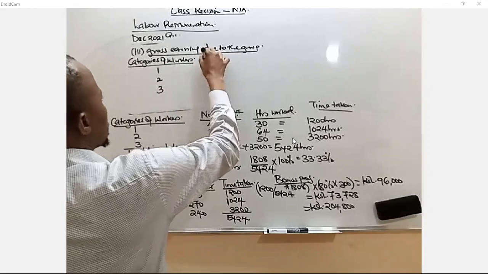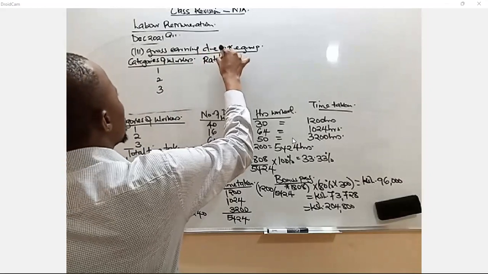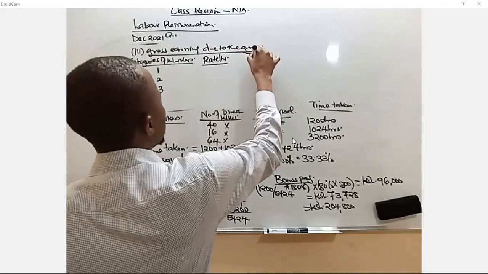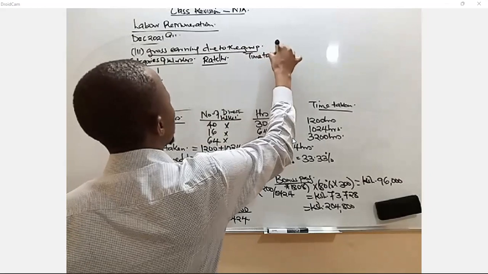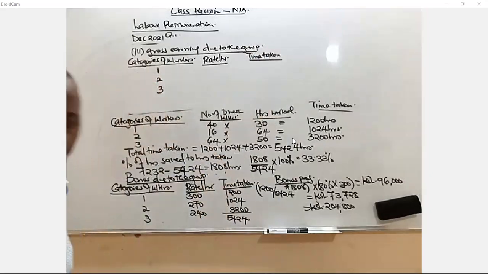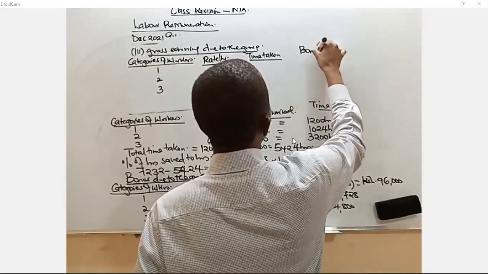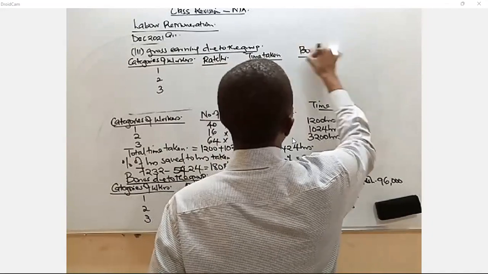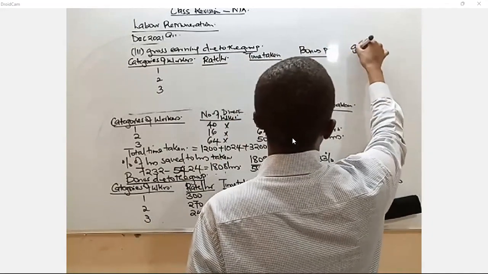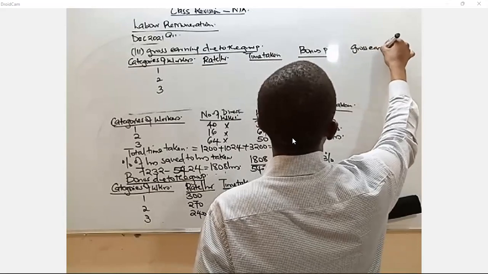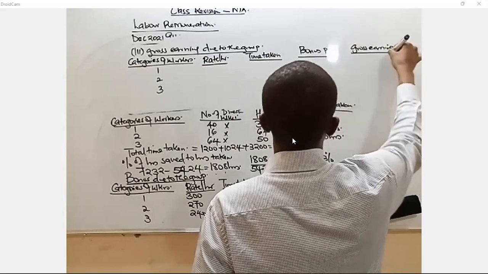So here I just take the rate per hour times time taken. Then from there, we add our bonus pay, which you have already calculated, to get our gross earnings.